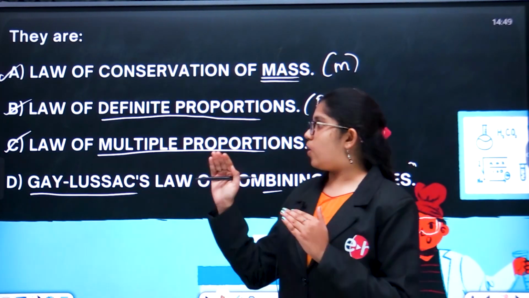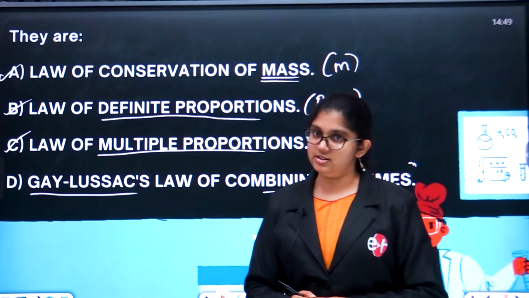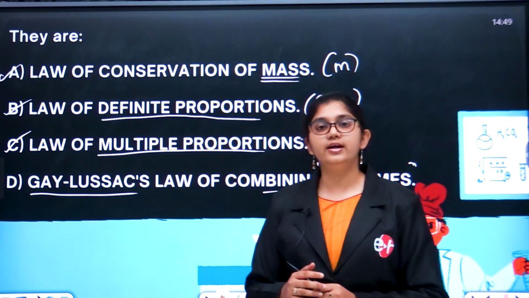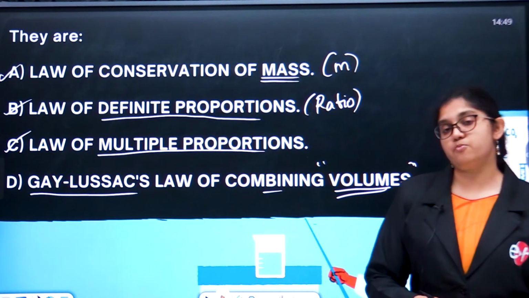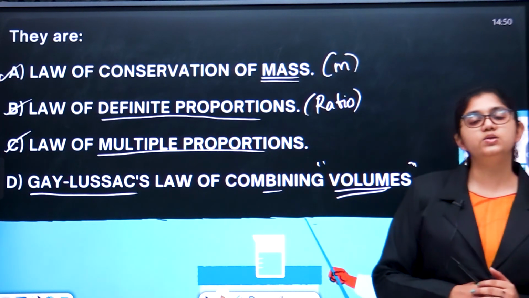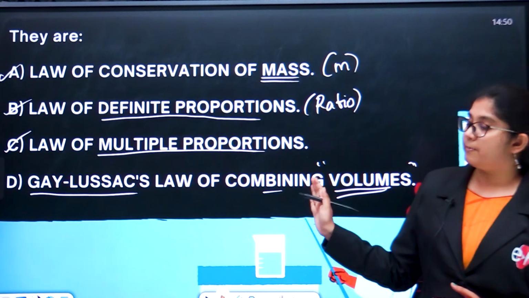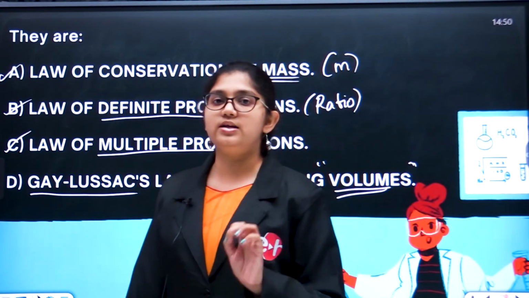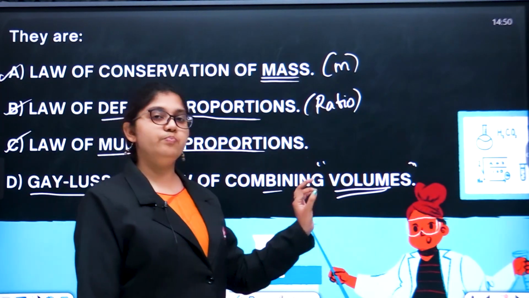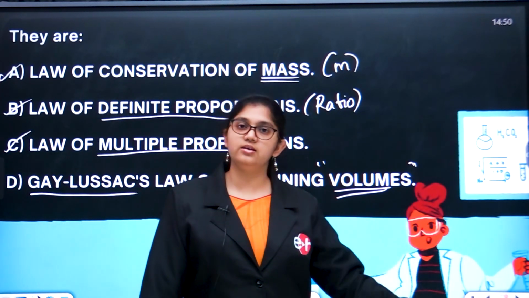One is law of conservation of mass, second is law of definite proportions, third is law of multiple proportions, and fourth is Gay-Lussac's law of combining volumes. So these 4 we'll learn in detail, and each one gives an individual representation with the given examples.